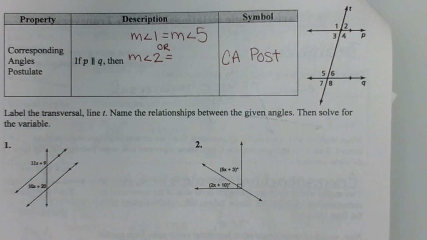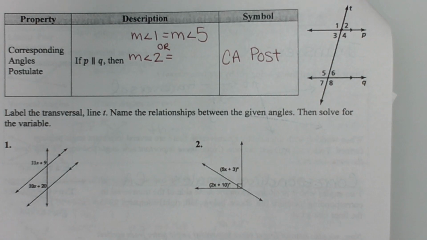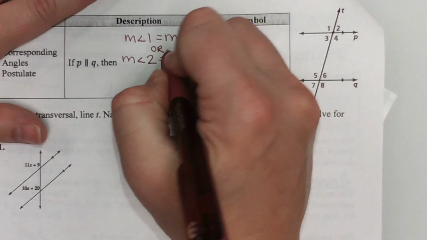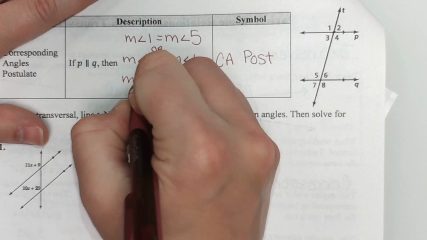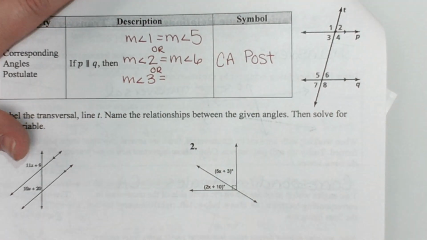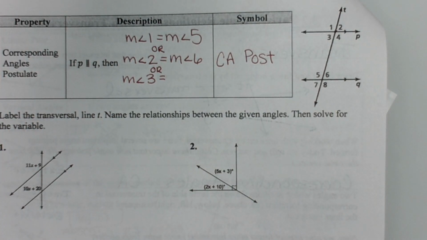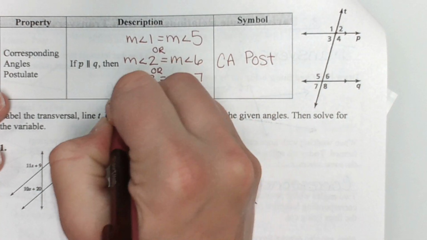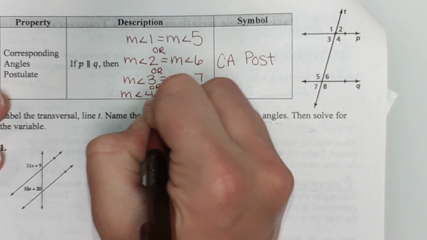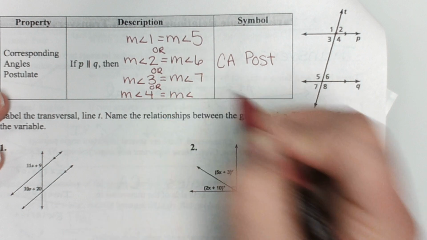Or, angle 2 corresponded with which one? 6. So measure angle 2 equals measure angle 6. Or, measure angle 3 is equal to 7. 3 goes with 7. Or, last but not least, measure angle 4 goes with 8.